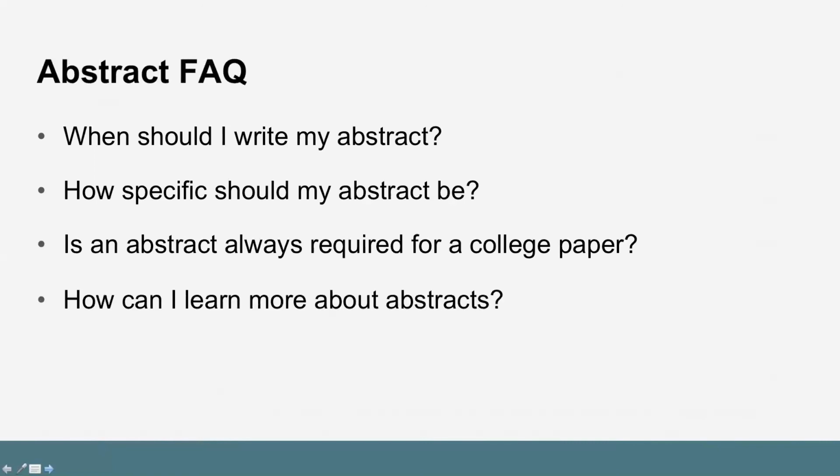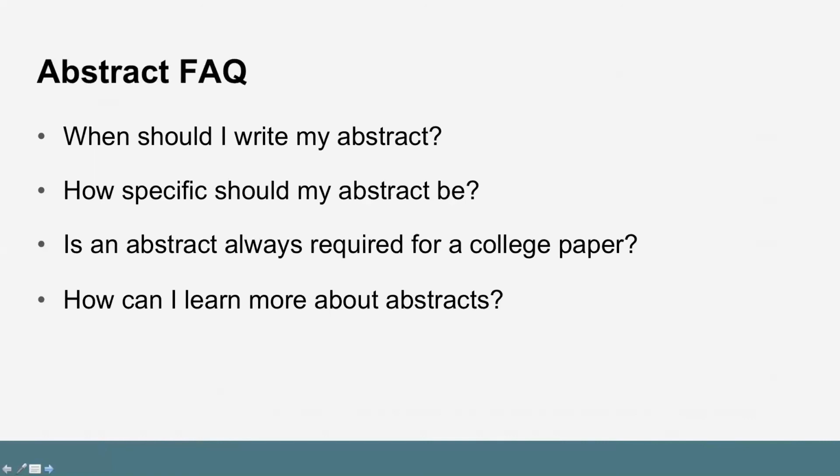And then, how can I learn more about abstracts? One is to read abstracts in your field. So if you're in psychology, read abstracts in psychology. If you're in music, read abstracts in music. Read abstracts for projects that are similar to your own. So if you're writing a lit review, read abstracts for lit reviews.